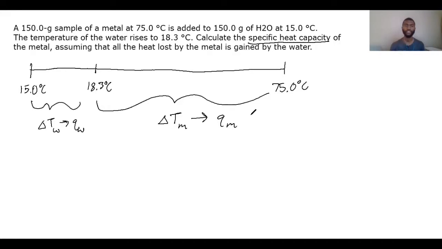Now, when we assume that all the heat lost by the metal is gained by the water, what that's really saying is that our heat from the water plus our heat from the metal should be equal to 0. And so therefore, Q of the water is going to be equal to the opposite value of the heat of the metal.